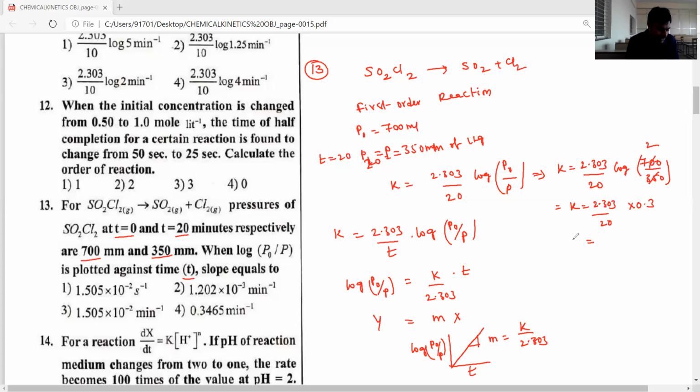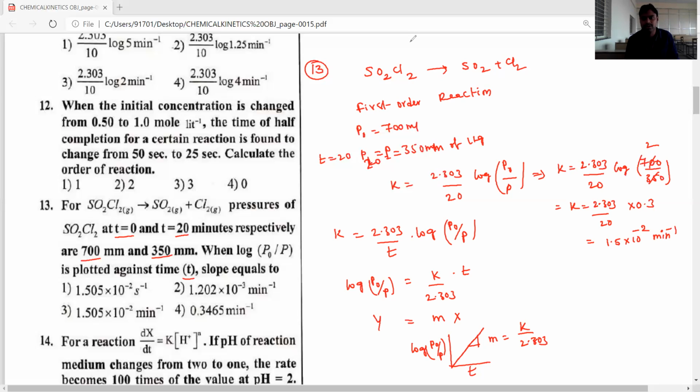Then we are getting k approximately, on simplification, 1.5 into 10 to the power of minus 2 minute inverse.